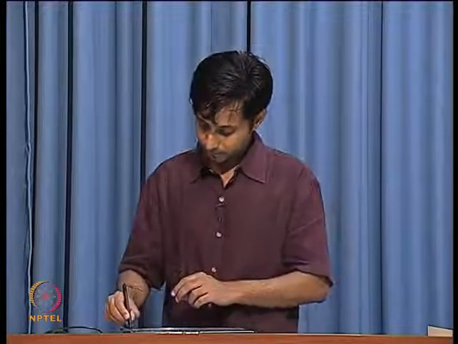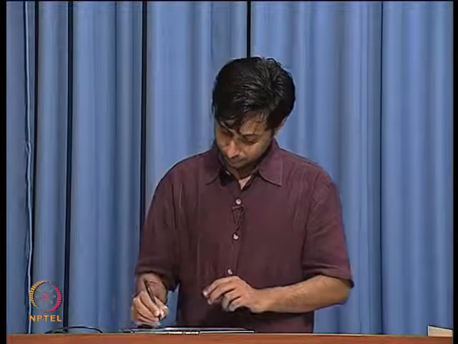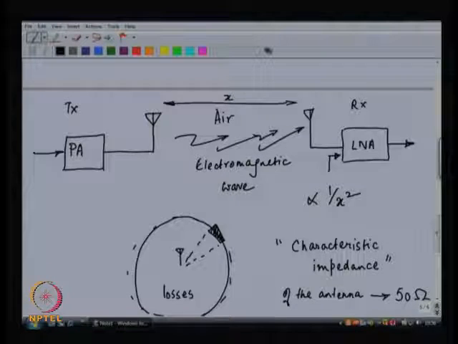If the low noise amplifier has an input impedance of ZL, and if the receive antenna has a characteristic impedance of Z naught, and if Z naught equals ZL, then all the signal that hits the low noise amplifier is going to be absorbed by the low noise amplifier. Nothing of that signal is going to be reflected back. This is something very good.